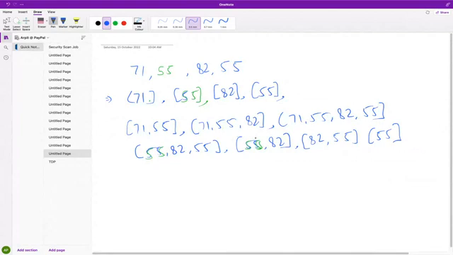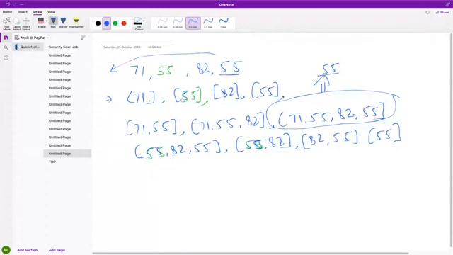Correct? So that's what I was explaining to you: while counting on the left side, this 55 will be counted only one time. See, consider this scenario: 71, 55, 82, 55. What is the minimum? Which is 55, right?